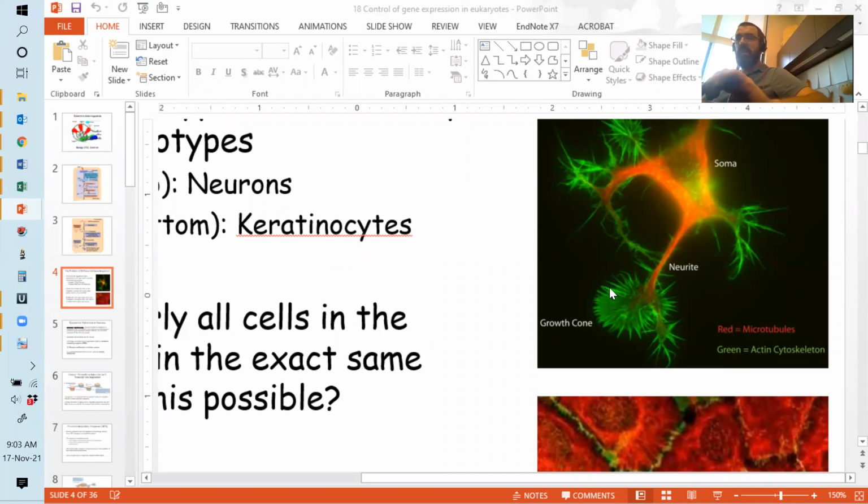Here it's actually used as a structural filament. Anyway, microtubules are involved in transport within the cell, like cellular highways, essentially. And actin is often involved in maintaining structure.